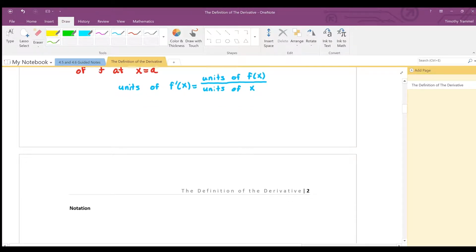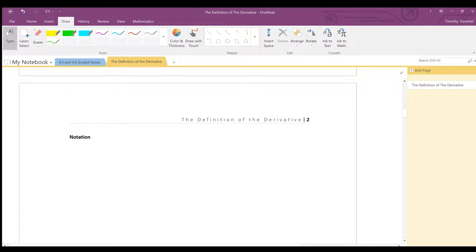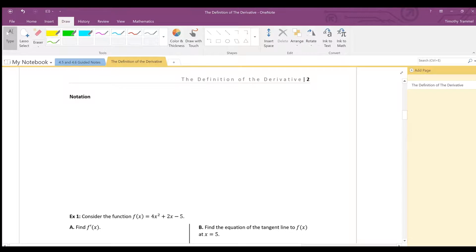Next on our list, we want to talk more about the notation for the derivative, because there are actually several different notations. The first one that I want to talk about here is dy dx.